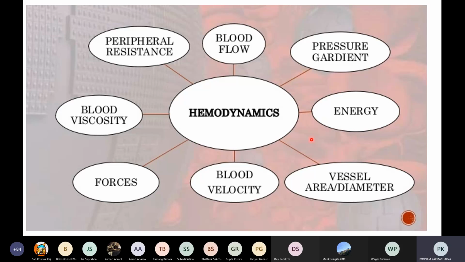Hemodynamics can be influenced by the blood flow, the pressure gradient, the vessel diameter, the blood velocity, different kinds of forces, and by the resistance. So all these factors are going to affect the hemodynamics. Let us see how these factors affect the blood flow.